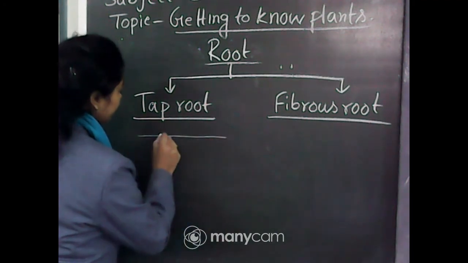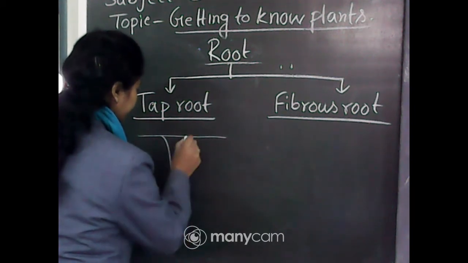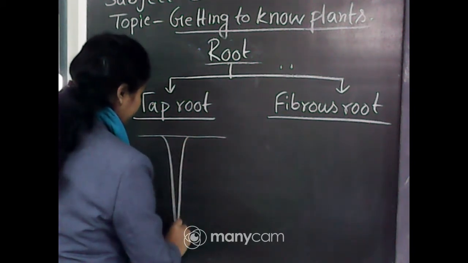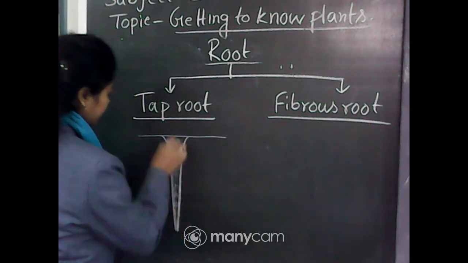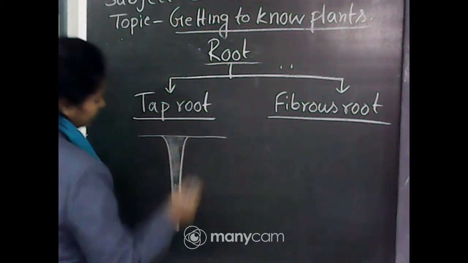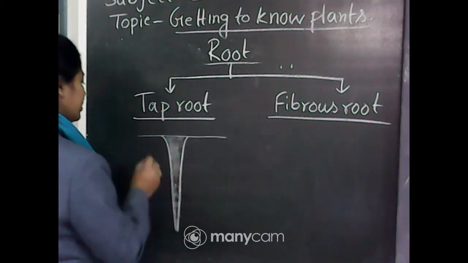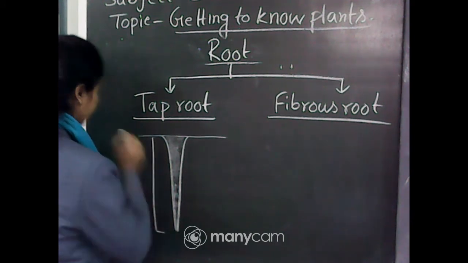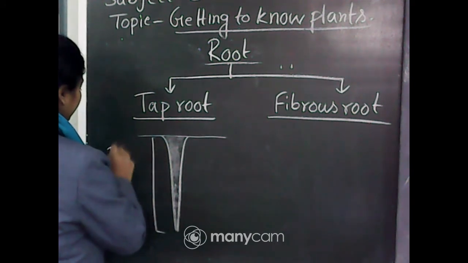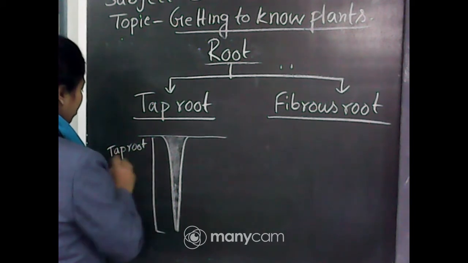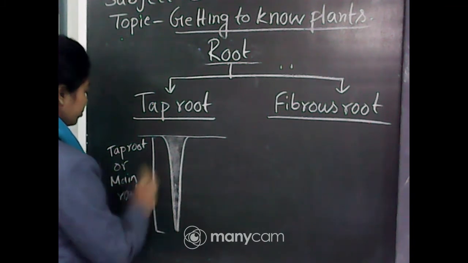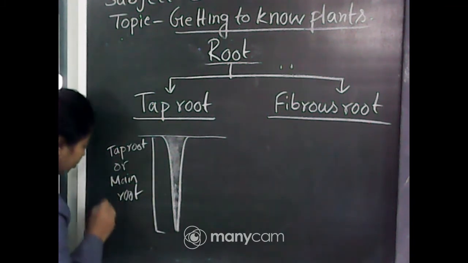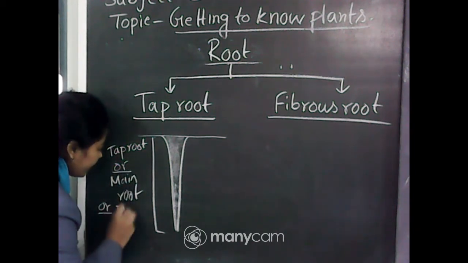This is the ground and this is a picture of taproot, which is totally called taproot or main root, or you can also say primary root.